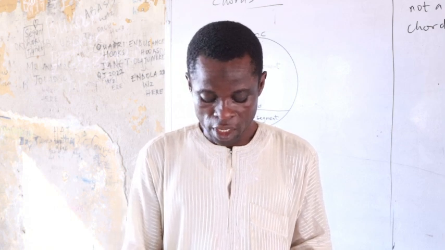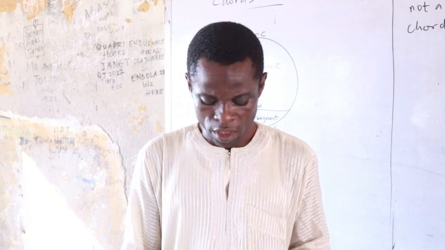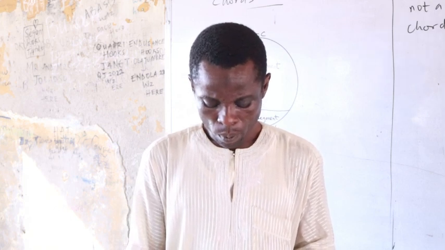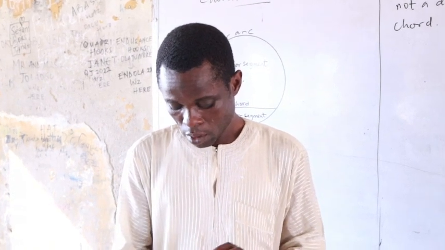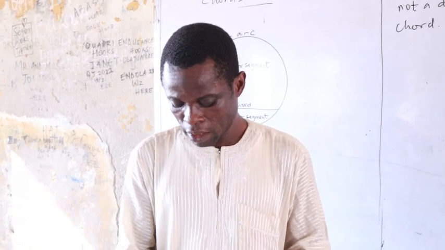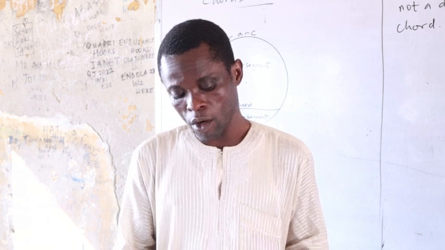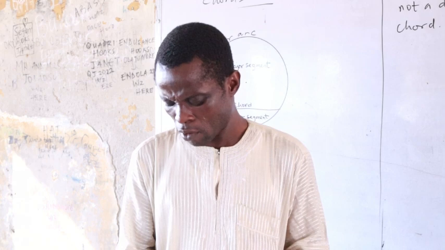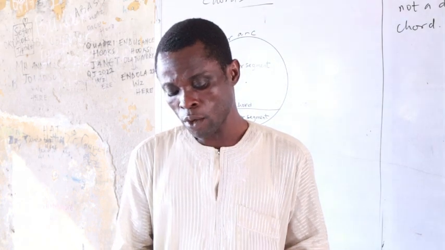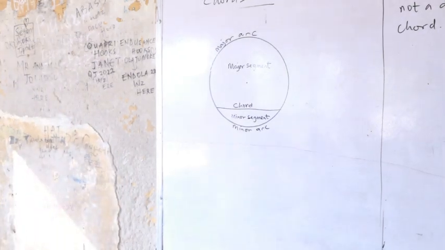The radius of the circle is 10 centimeter. Calculate the distance of the midpoint of the chord from the center of the circle.